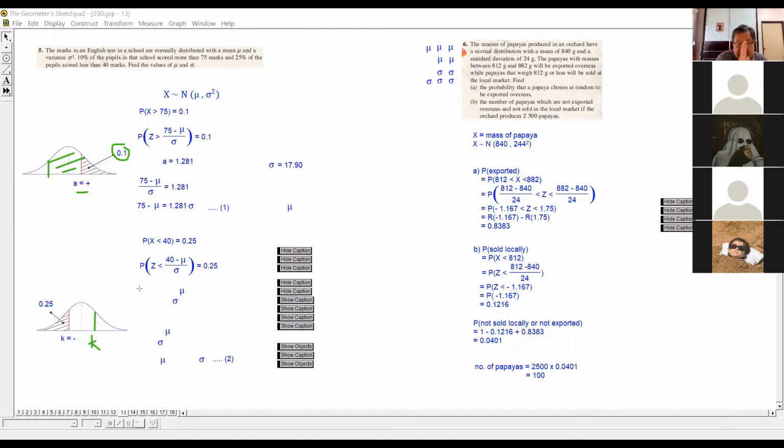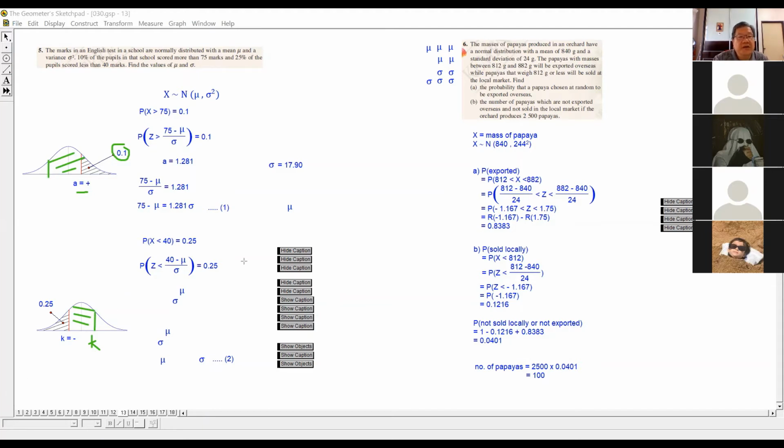Because if k is a positive number and you get less than k, the probability will be very big, more than 0.5. You include the center line here, it will be more than 0.5. So k cannot be positive, k must be negative.